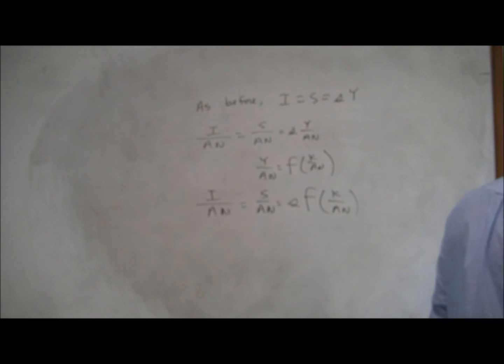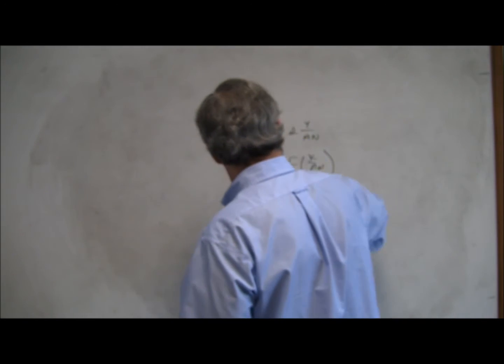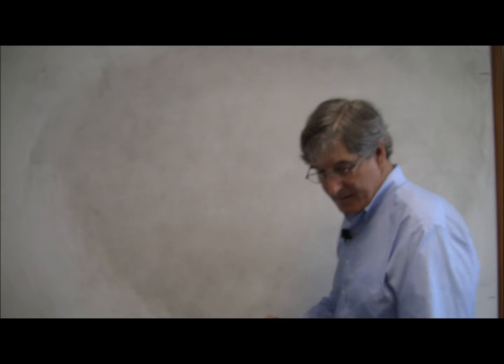Now we need to find this steady state. So just like before, we want to figure out what the capital accumulation equation is, and then find out what it takes to make capital be stationary.